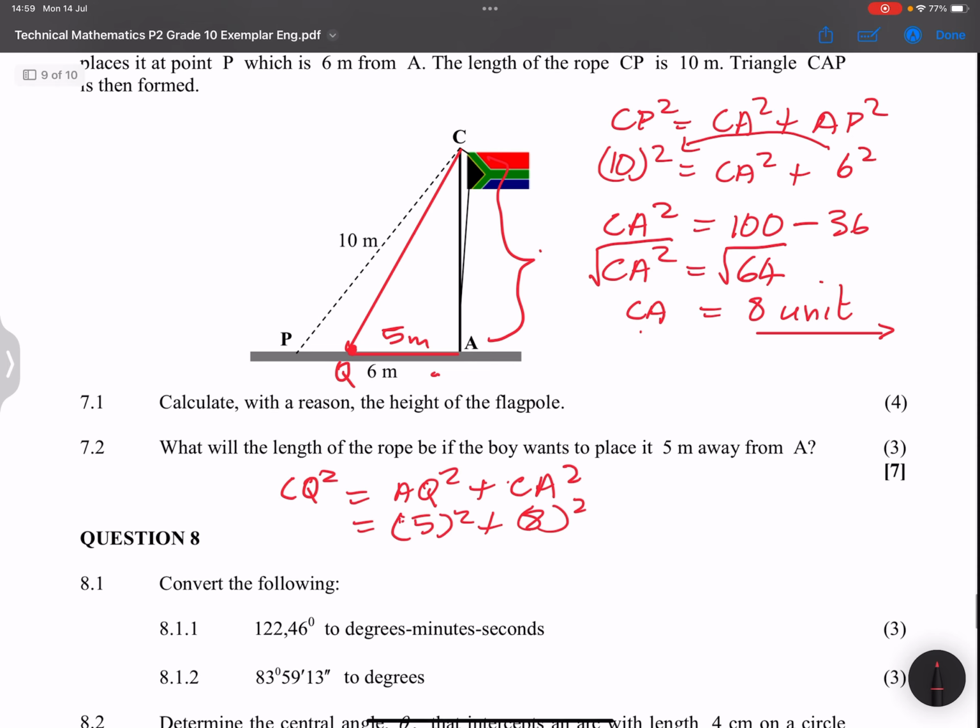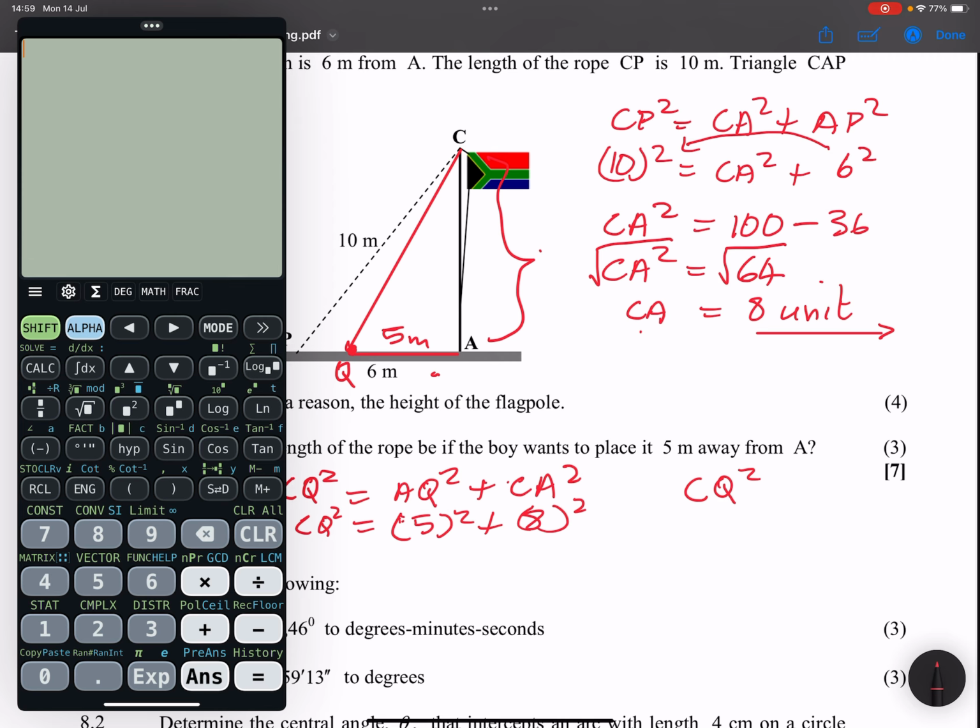And ladies and gents, please note, CQ is going to be the square root of 5 squared plus 8 squared. And I get the square root of 89. I'm going to leave it in that format. Square root of 89 units.